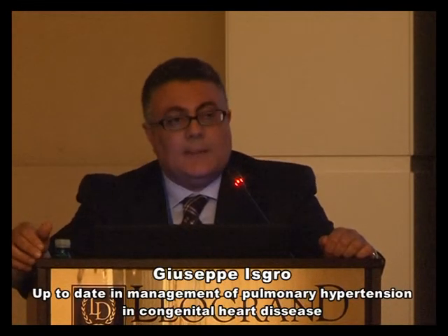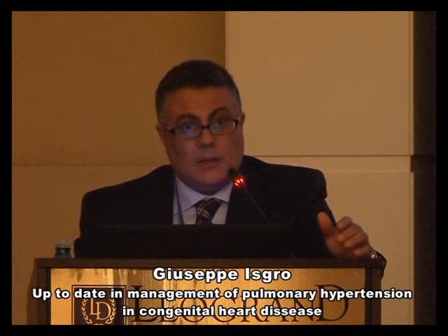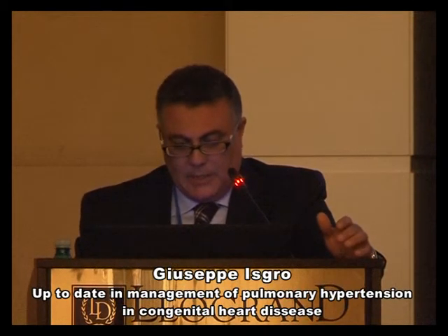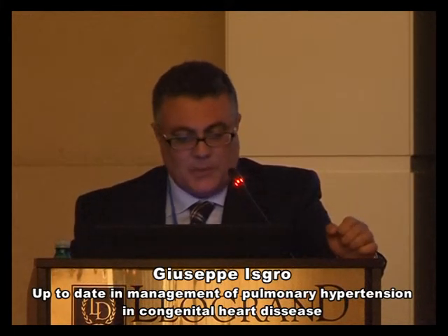We know also that besides the pulmonary hypertension problem, we have to treat the other problems. First of all, the arrhythmias. Over 2 years, under atrial fibrillation, the mortality rises up to 80%, so we have to treat as soon as possible. Sometimes we treat arrhythmia also in the cath lab, with some invasive procedure.